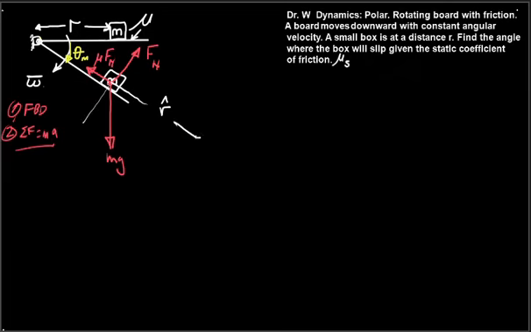where we can call this r hat and this theta hat. We'll be okay calling this direction positive theta hat as long as we stick with it for the whole example. Let's come in here and break up mg into its components.